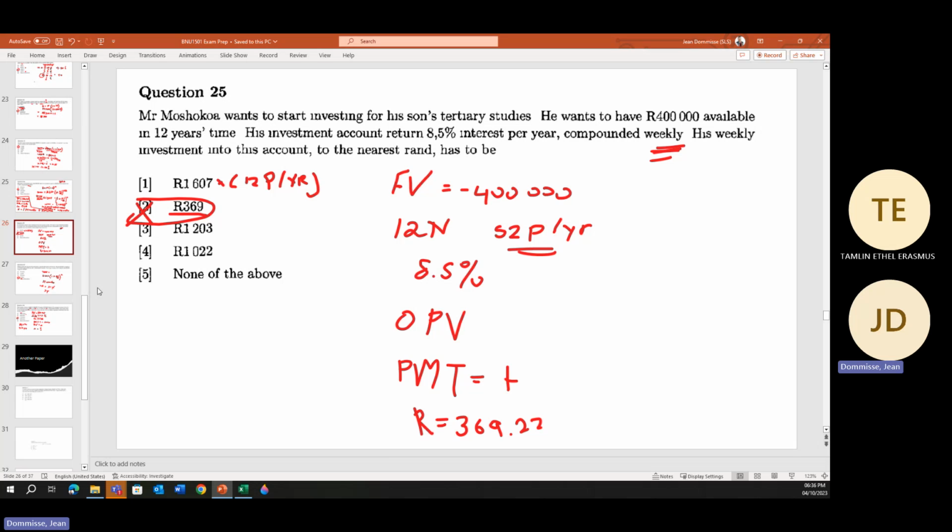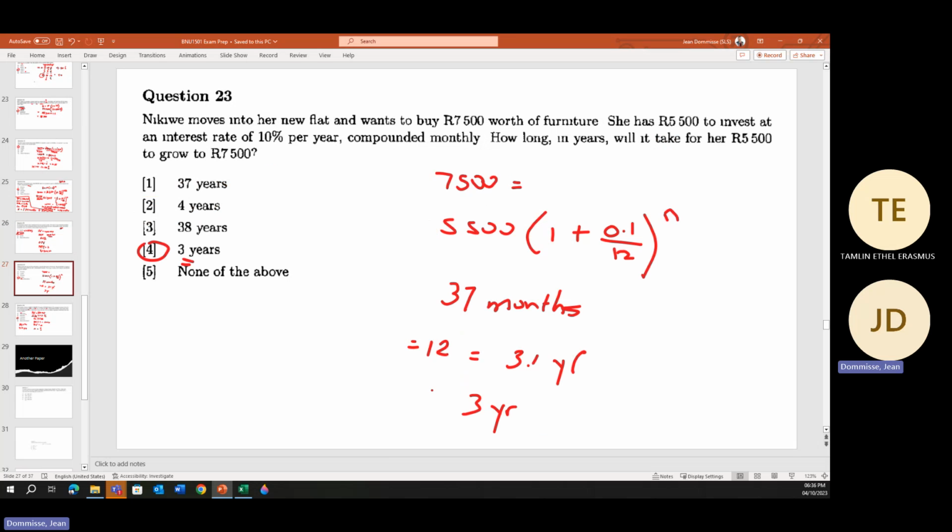Then again, remember when you do the second question that you need to change it back to 12. And I know my HB doesn't matter, just say clear all. The memory is still there, because it's pre-programmed, so you still need to change the periods per year.